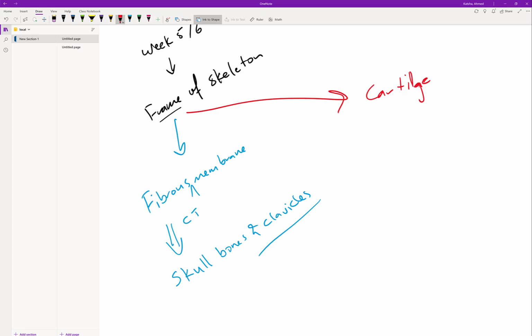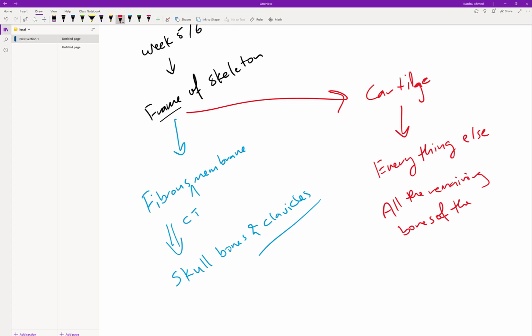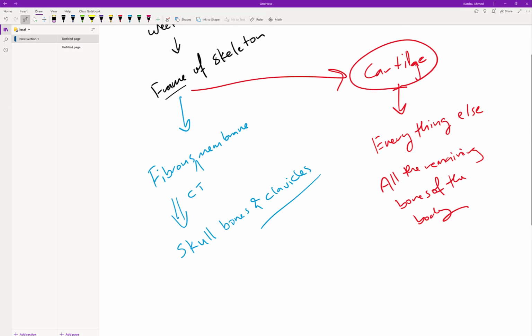And the cartilage is going to develop everything else. So all the remaining bones of the body are coming from cartilage starting material, right?